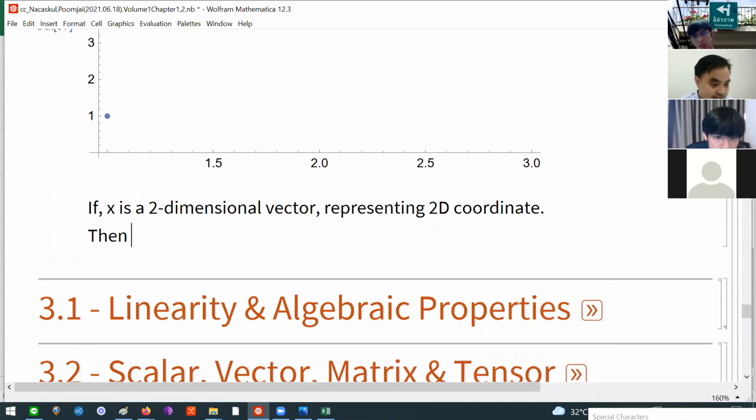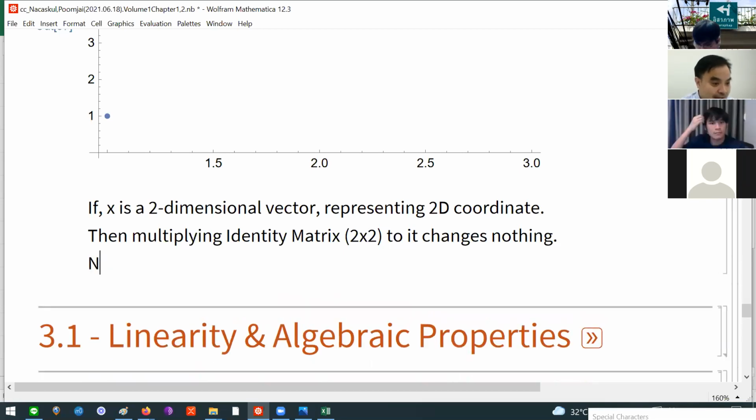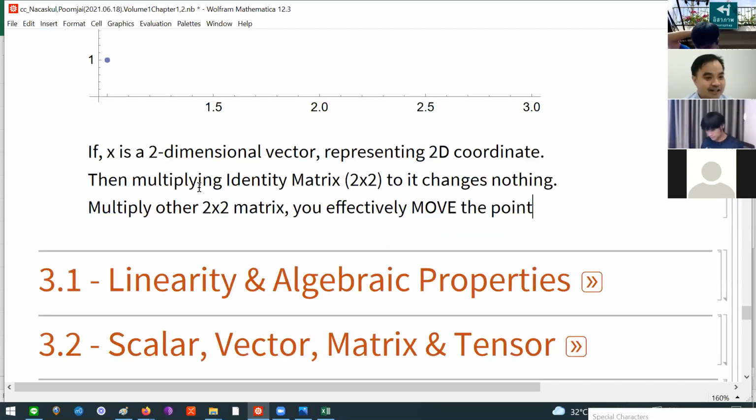Then multiply identity matrix 2 by 2 to it, it changes nothing. But if you multiply other 2 by 2 matrix, you effectively move the point. You can move the point.